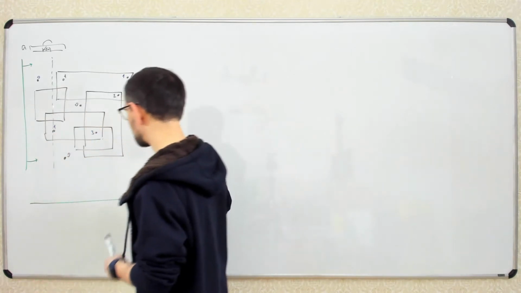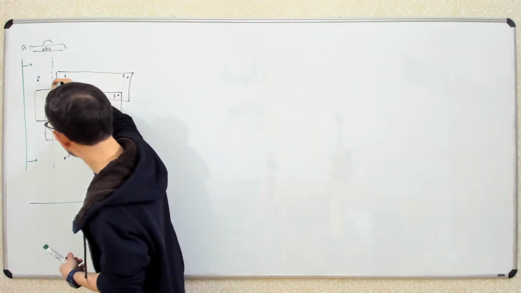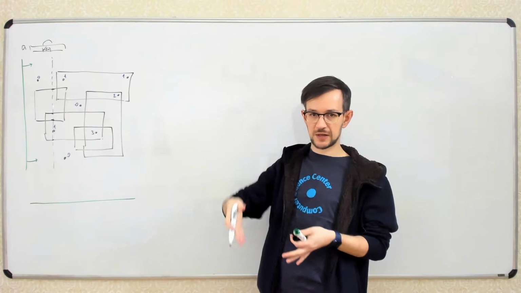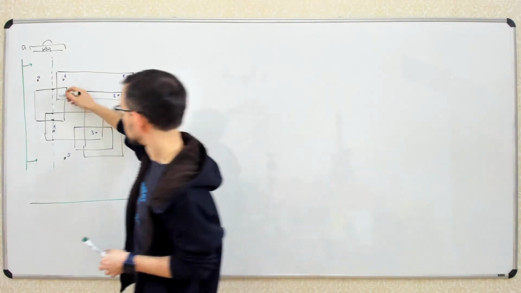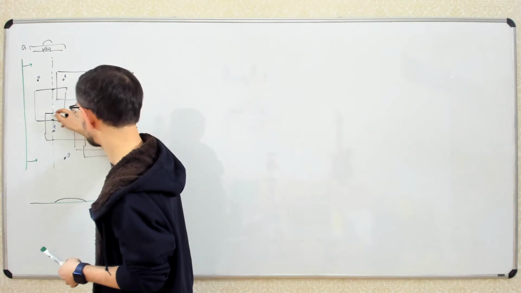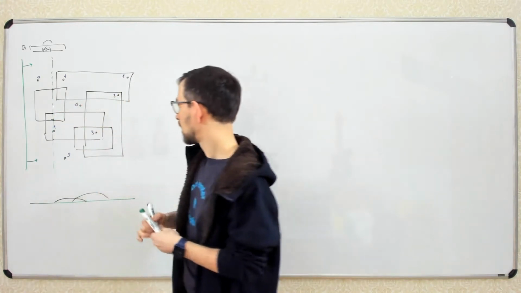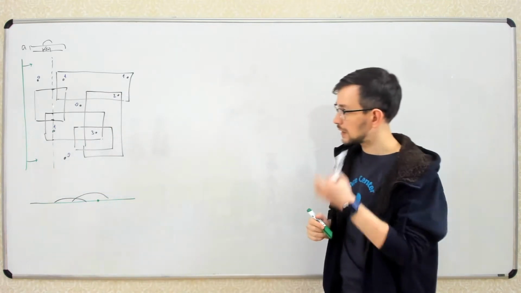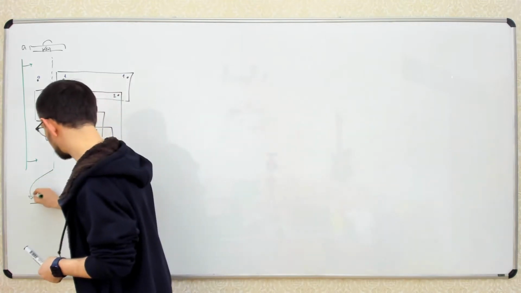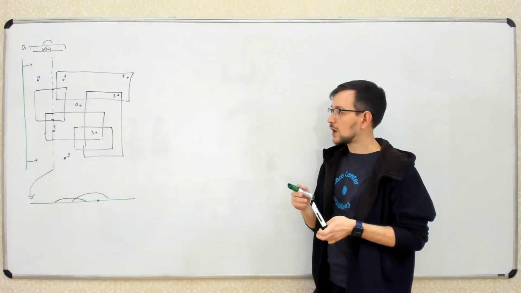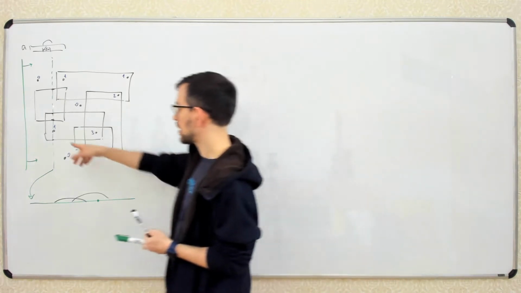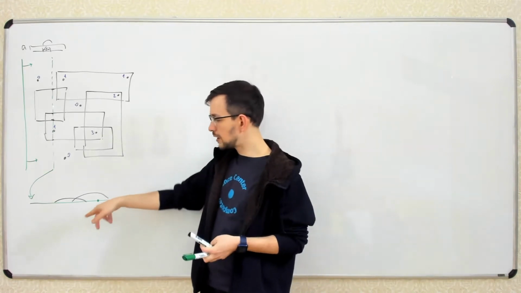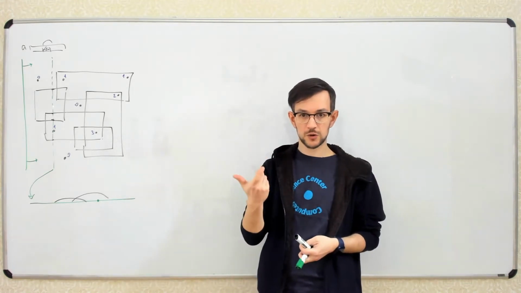This is your sweep line. In this sweep line, you have these two rectangles, the first rectangle and the second rectangle. If you project a rectangle onto this line, you get a segment. So this rectangle is this segment, and this rectangle is this segment. And your point is somewhere here. Now when you need to answer this query, you have some segments, and for a given point you need to answer how many segments cover this point. Right?